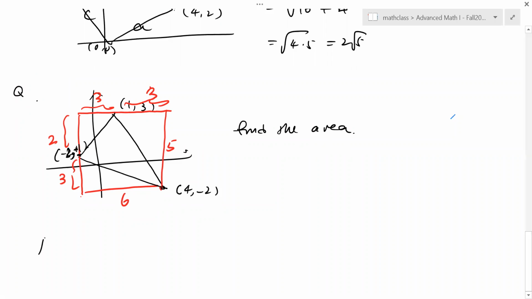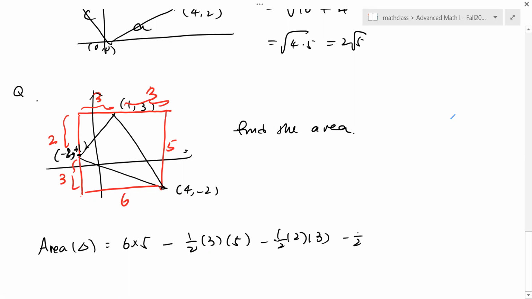So the area of the triangle is going to be the area of the rectangle, which is 6 times 5, minus the area of the upper right, half of 3 times 5, then the upper left, then actually the lower left.